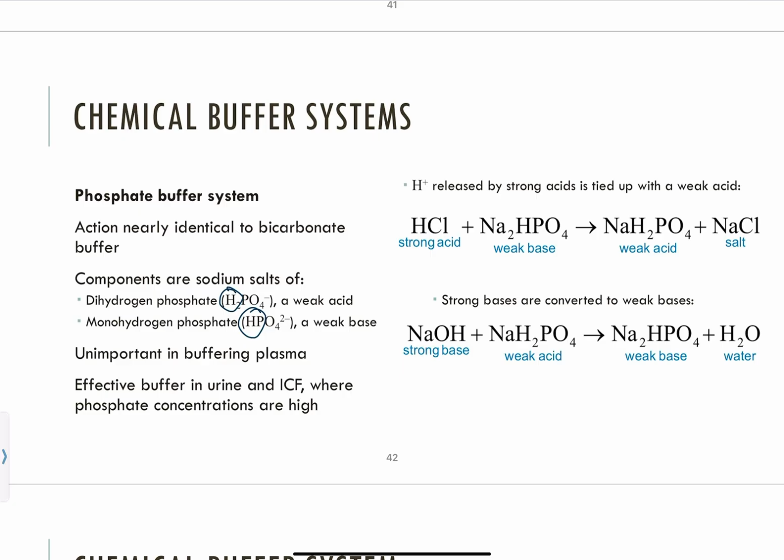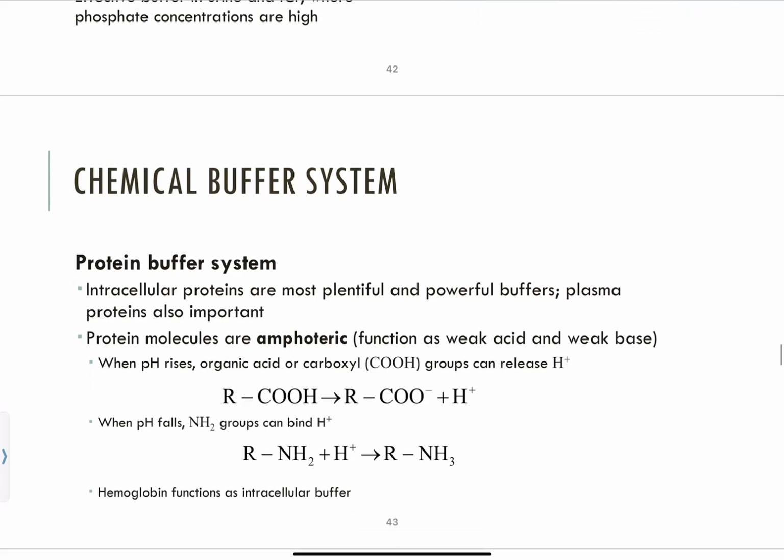But the overall point is the same. We can use dihydrogen phosphate and monohydrogen phosphate as a buffer. It can act as both an acid and a base. And what it can do is convert a strong acid into a weak acid, and turn a strong base into a weak base so that we only cause minor fluctuations in the pH itself.